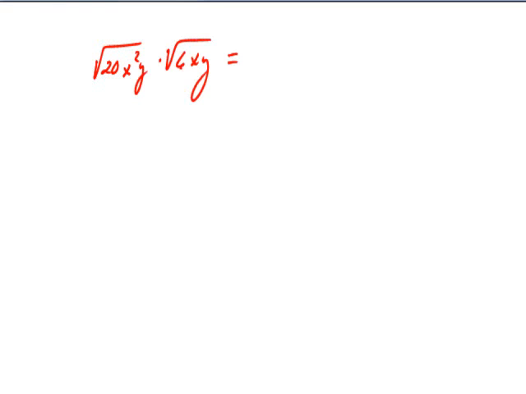In this problem, if I multiply the radicands, 20 times 6 would give me 120 inside the radical. X squared times x would give me x cubed, and y times y would give me y squared. Let me expand this 120 into prime factorization.